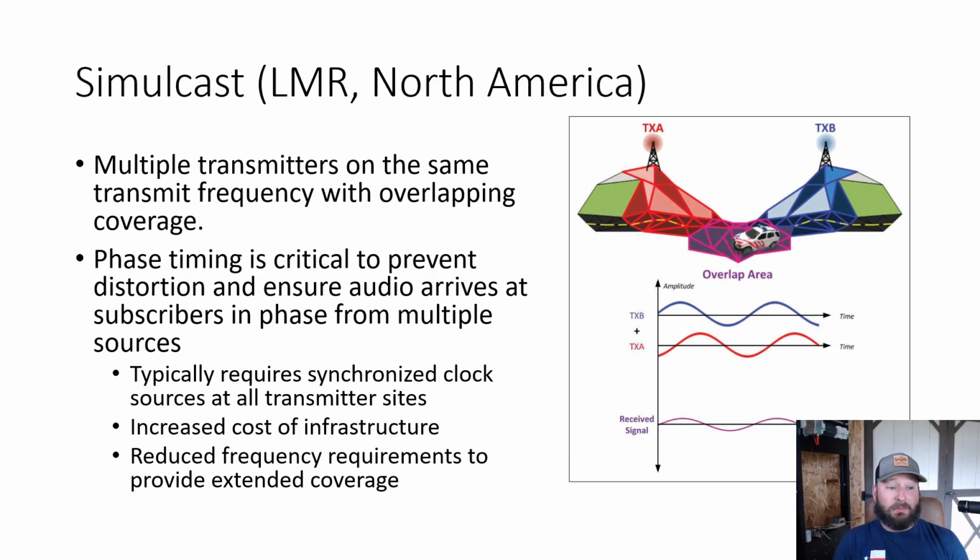So the phase timing is extremely critical to these systems to prevent that distortion. And there's typically going to be a synchronized clock at each transmitter site that defines the timing for the simulcast.